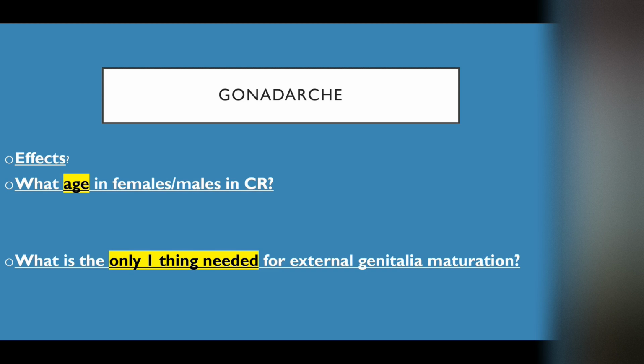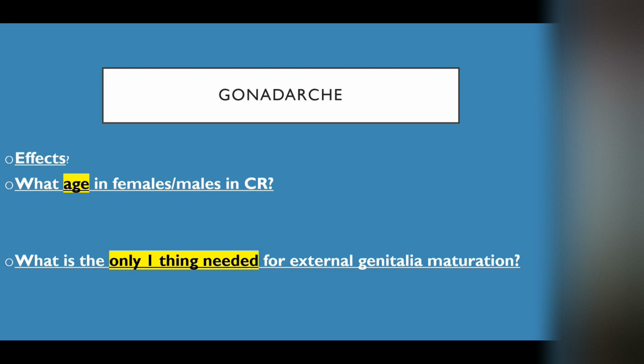From your peak growth rate as a man to your first ejaculation, how long does it take? 1 year. Good. 1 year for everything. That's easy. 1 year after peak growth rate is your menarche or your ejaculation. Does ejaculation happen first at night or first during the day in males? First at night. Good.